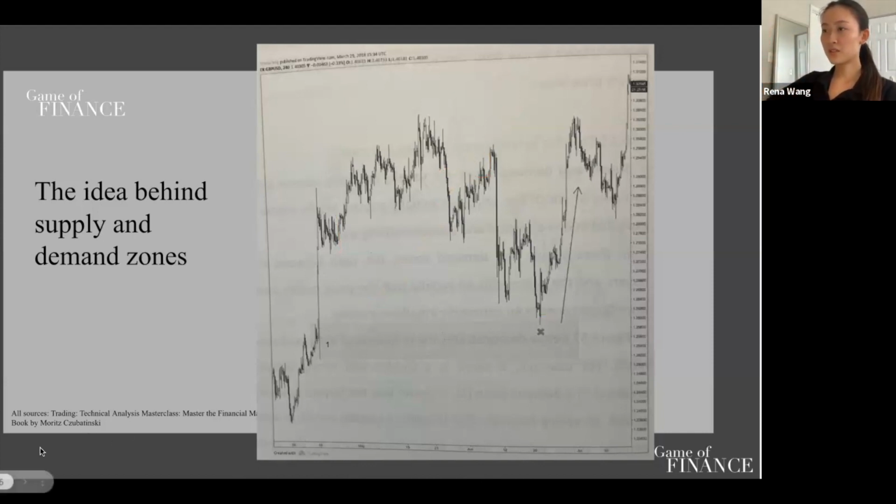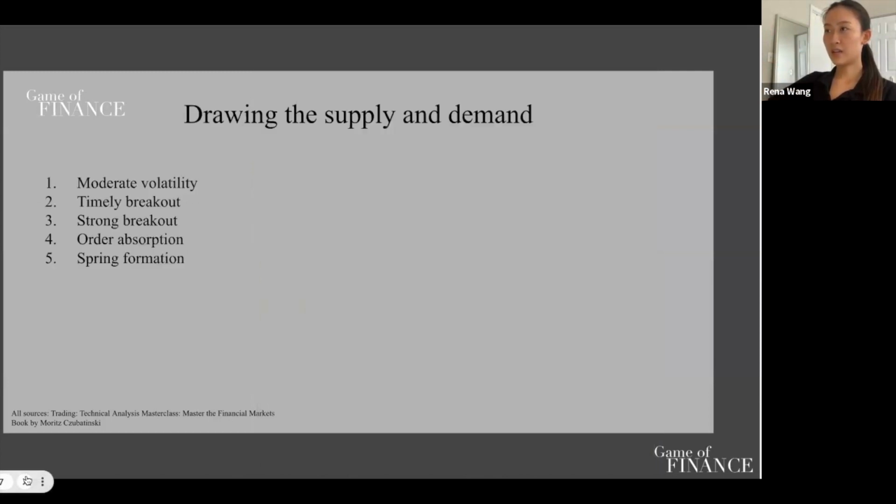Okay, so now let's learn about drawing supply and demand. There are several methods to identify supply and demand on the charts. The first one is moderate volatility.